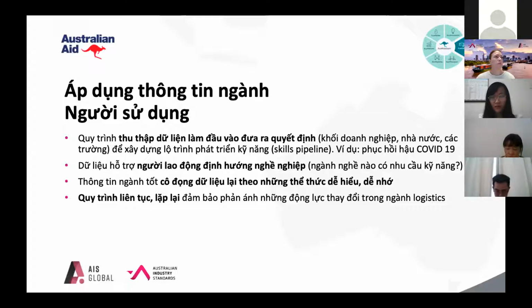There's a different emphasis and insight required within the industry intelligence that we collect. So this is why it's particularly important that we tailor our messaging and our data analysis, our interpretation, to meet the needs of those different groups who have an interest in development of industry intelligence.